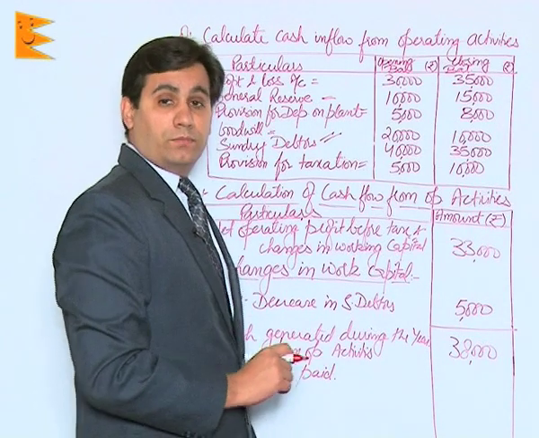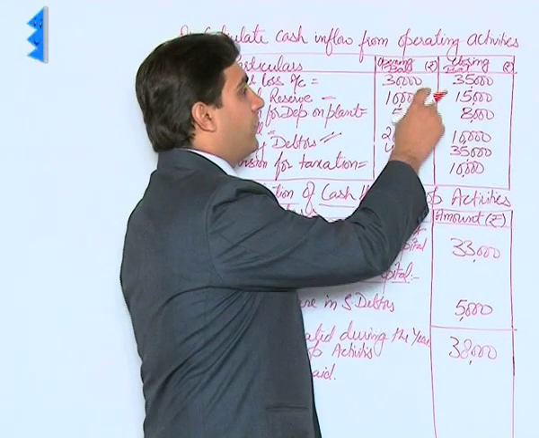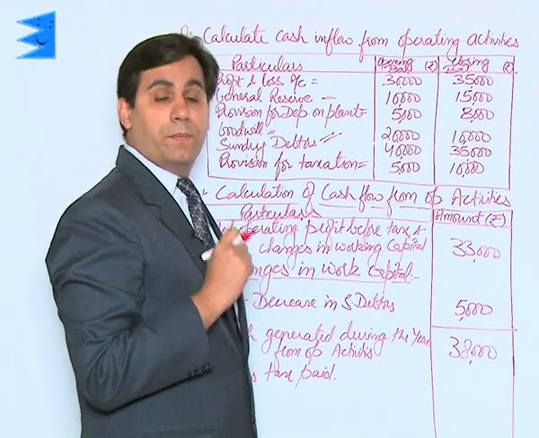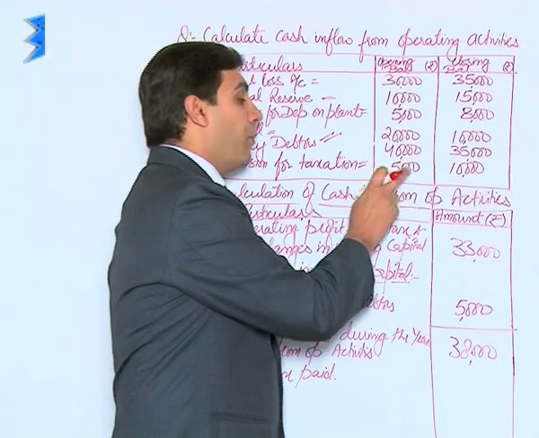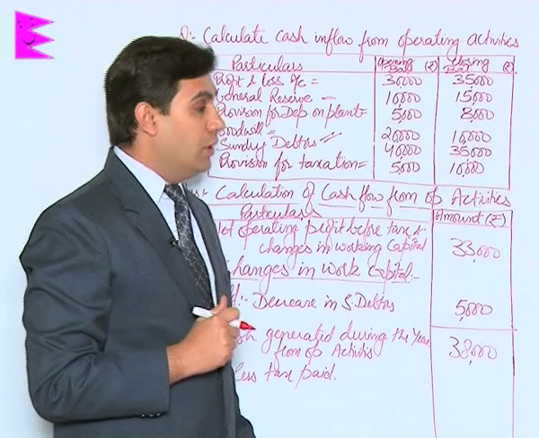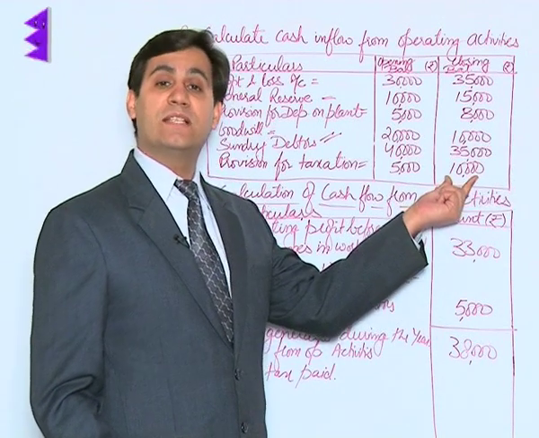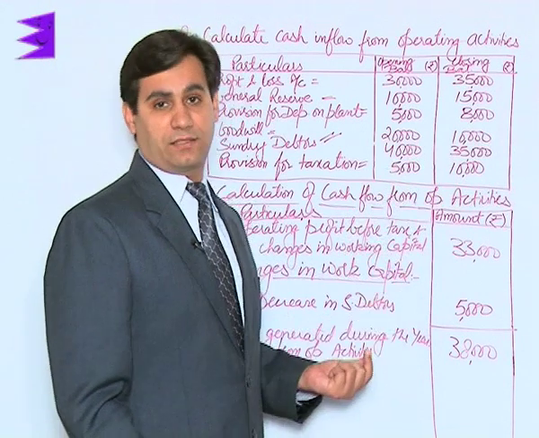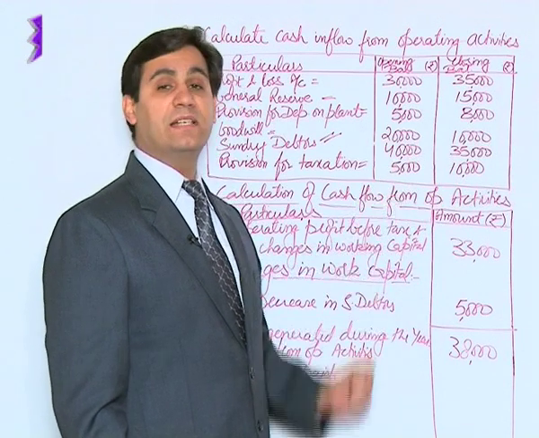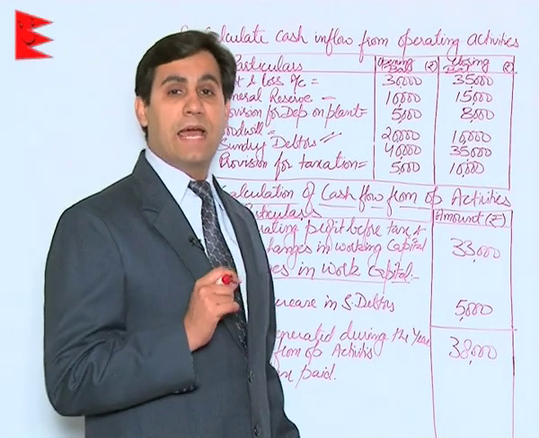Remember students, as I had discussed in the beginning of this question, the amount of tax paid is the amount of opening balance in the taxation account. Why so? Because it is assumed that this amount of 10,000 is appropriation for current year tax, whereas the previous year taxation provision would have been paid as tax.